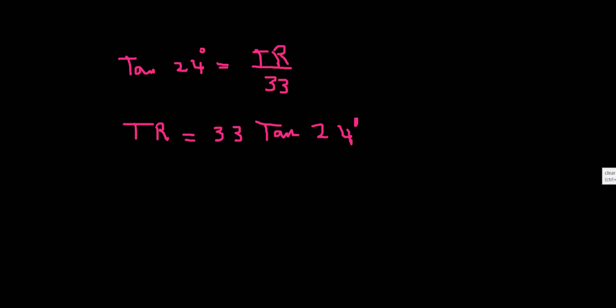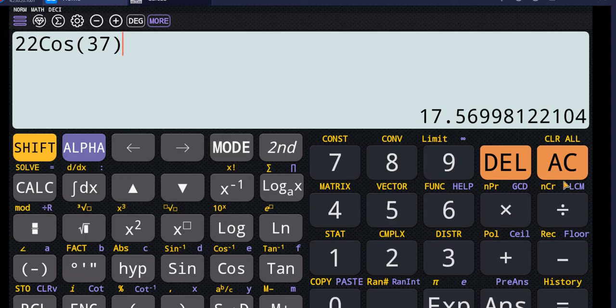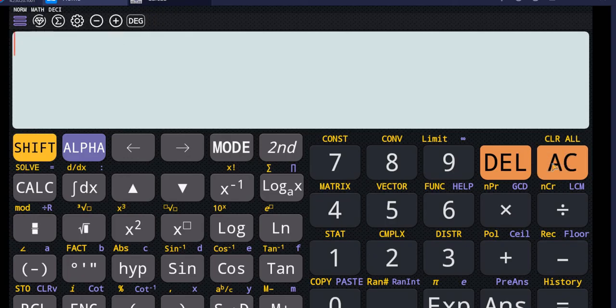Let's solve it using the calculator. 33 tan 24.